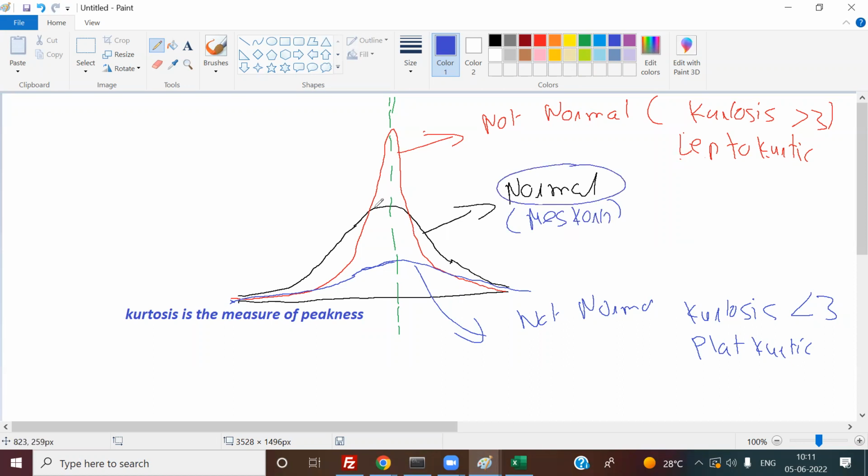See, there is one formula for kurtosis. Like the correlation formula, kurtosis also has a formula. Okay? Let's go.